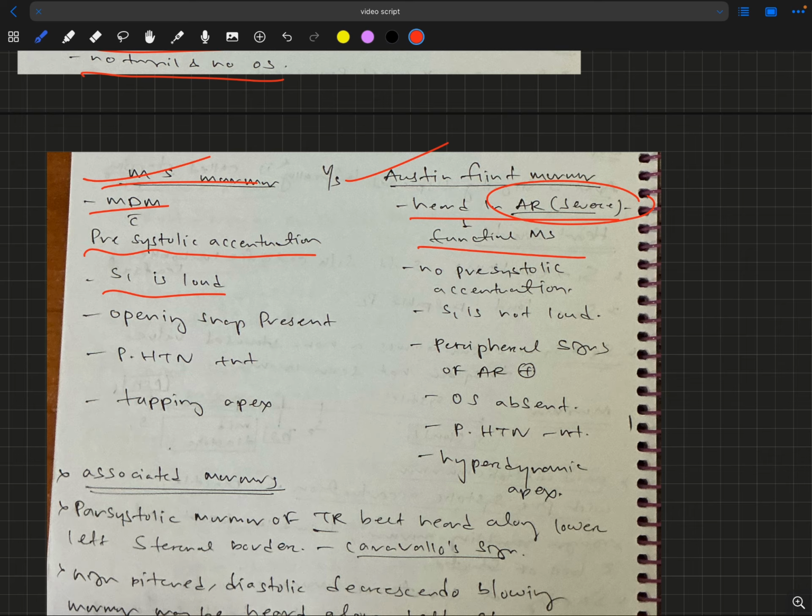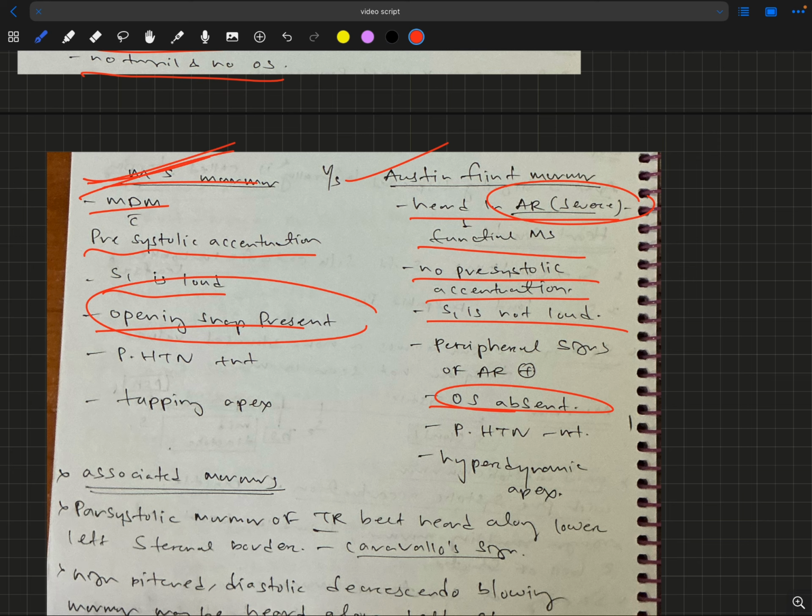One is functional MS, the other is actual or structural MS. So opening snap is present in case of the MS murmur. In Austin Flint murmur, although it is a mid-diastolic murmur, S1 is not loud, opening snap is absent, and there is no pre-systolic accentuation.